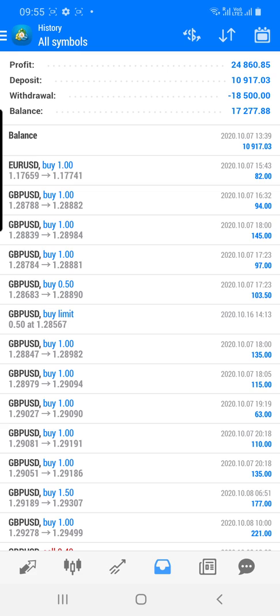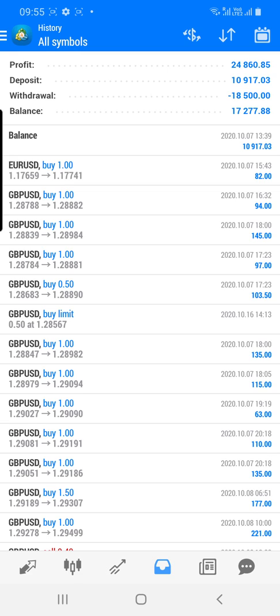When it comes to crypto, we also have our own method, but the most important thing is risk and portfolio management. How do you manage your portfolio? You have a $100 account, how do you manage it? You have a $1,000 account, how do you manage it so that you don't end up getting liquidated?